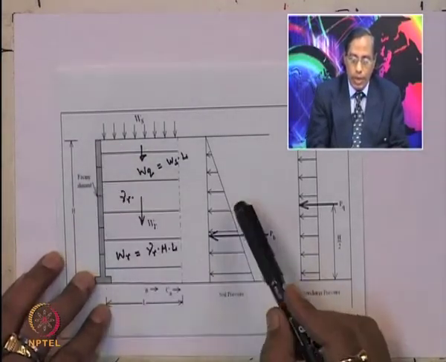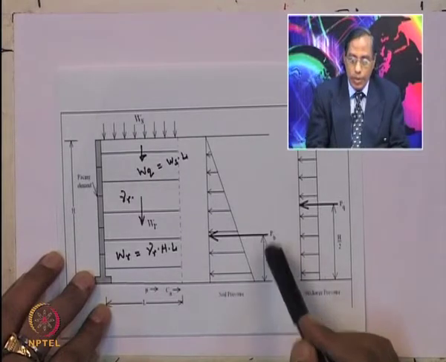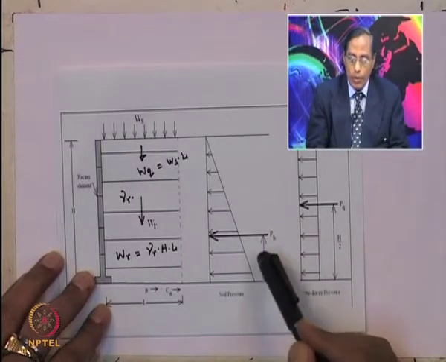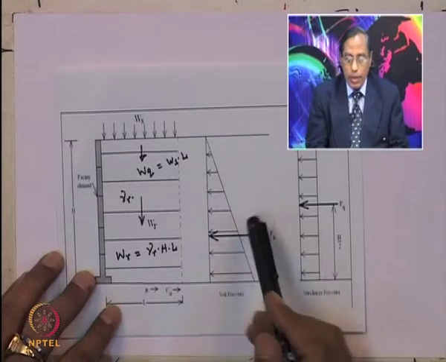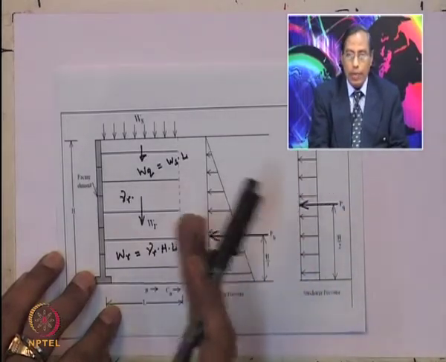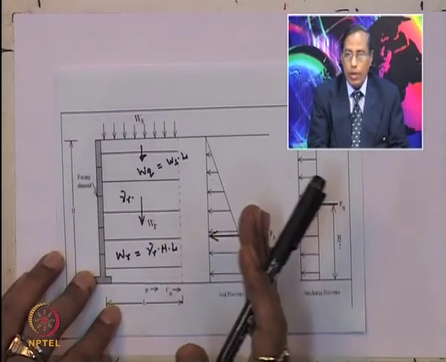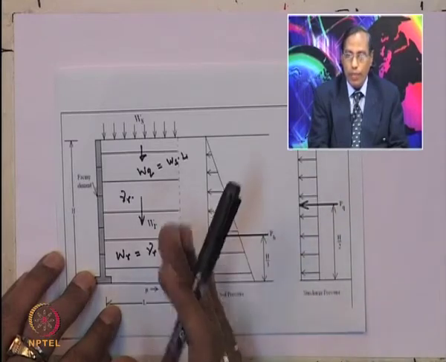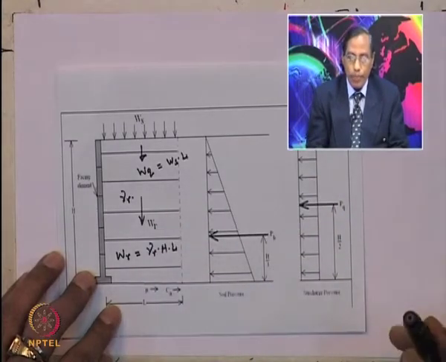If height of the wall is h, then this distance from the base of the wall will be h by 3. So this is the soil pressure which is acting on the back of the wall, the lateral soil pressure from backfill, designated as PB.